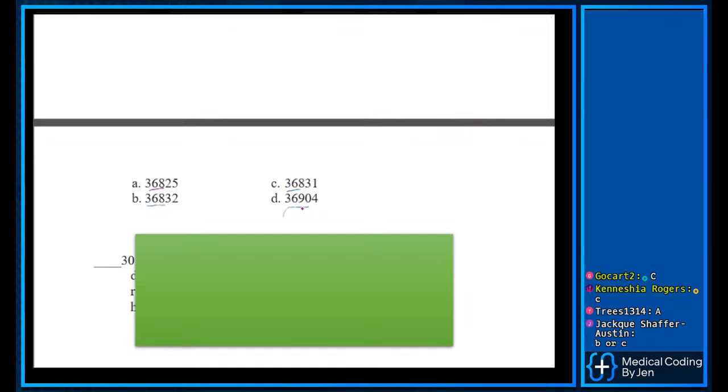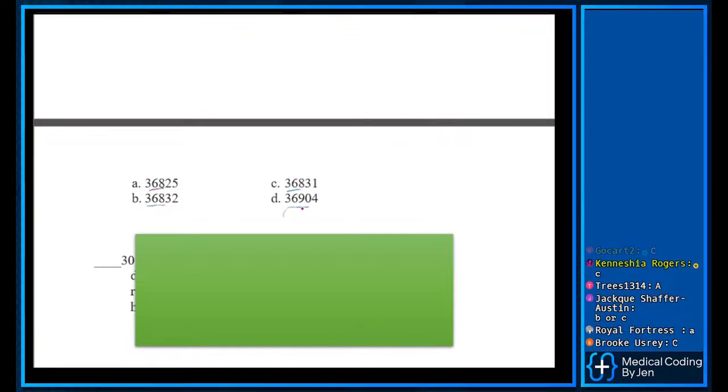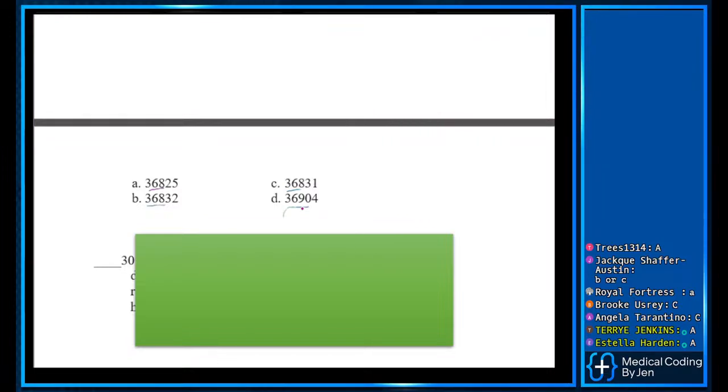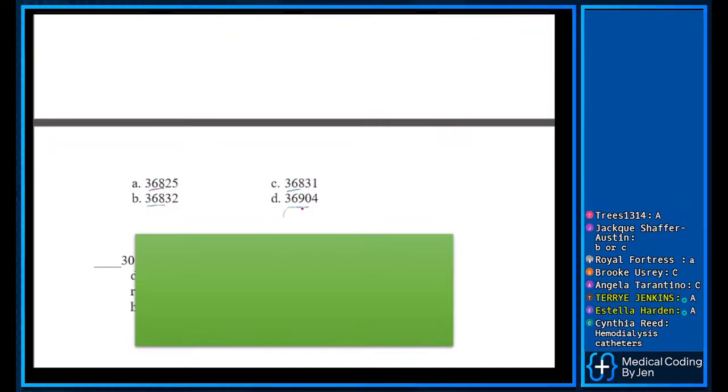Is there a difference between the headers in those? Let's see. 368 is under what header? 36825. All right. What header are we under? We are under hemodialysis. What body part are we under?